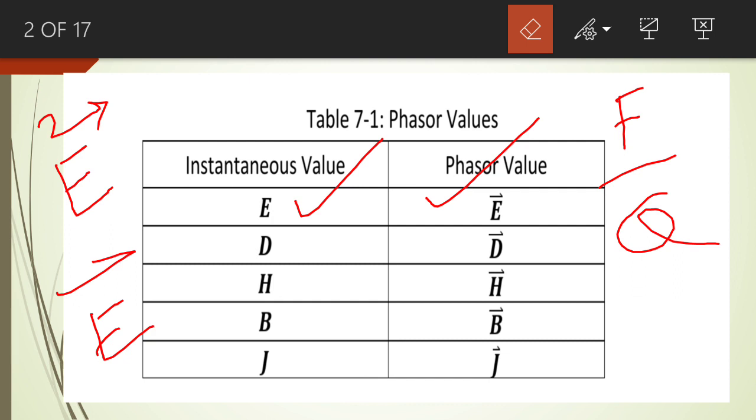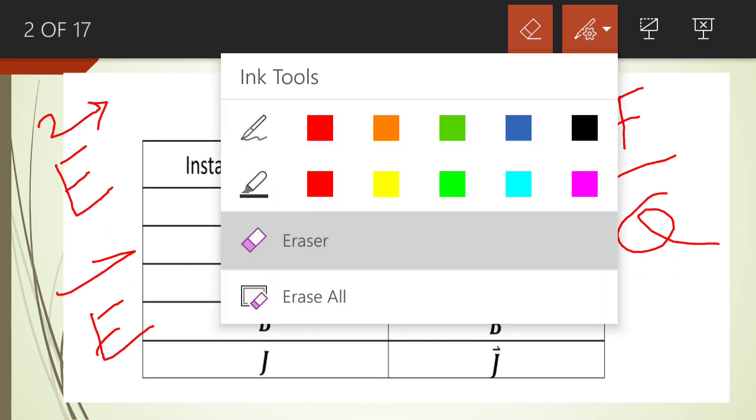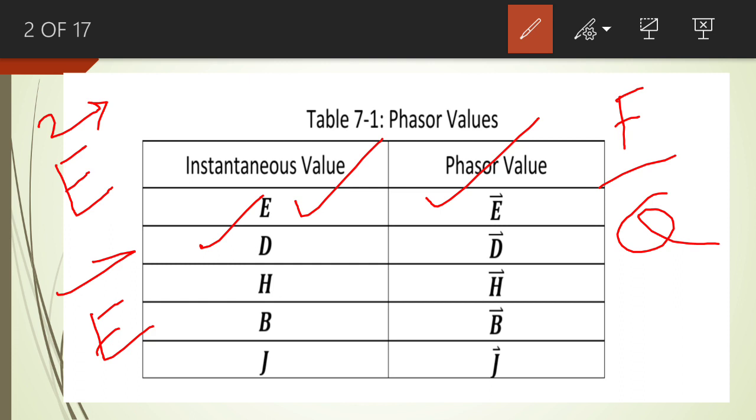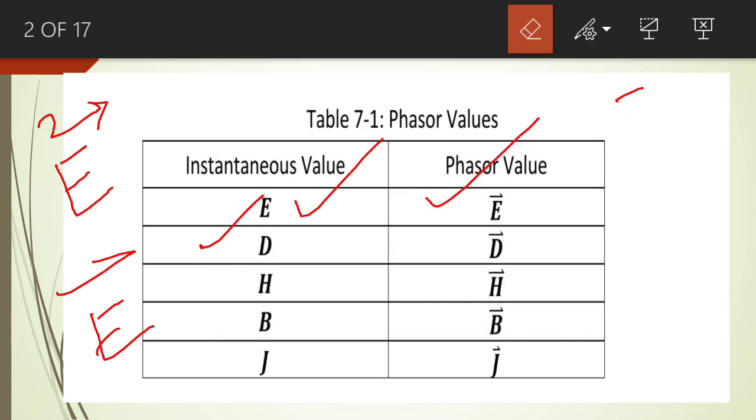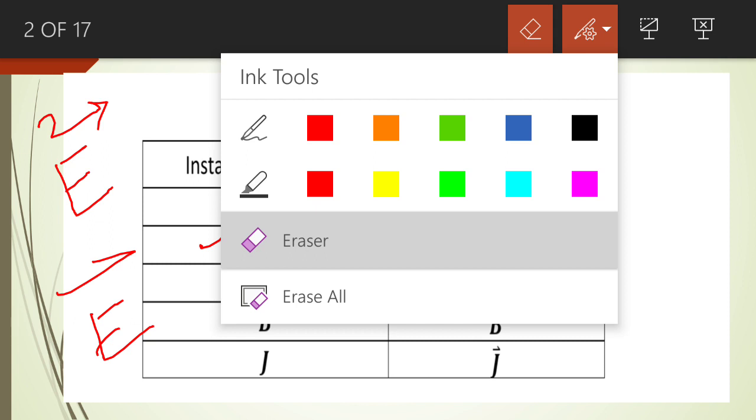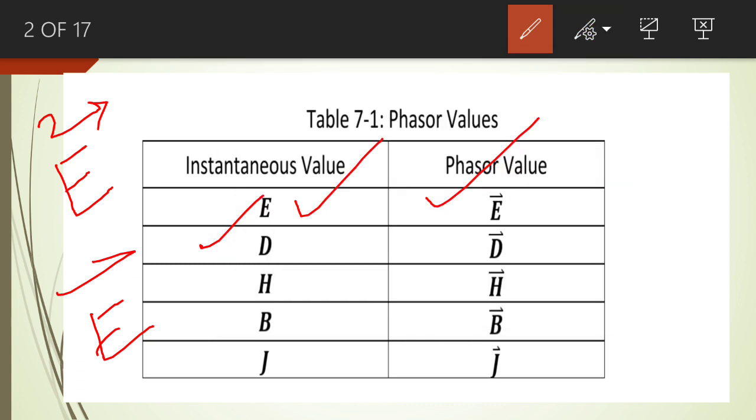This is the instantaneous value of the electric flux density. And what is electric flux density? Electric flux density is the charge per unit area or the flux per unit area.